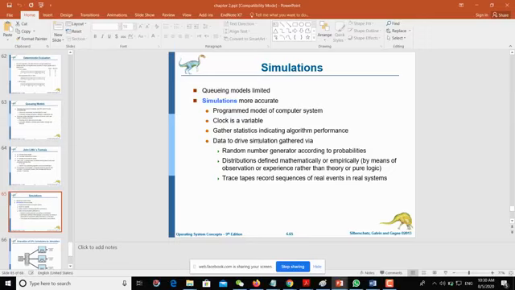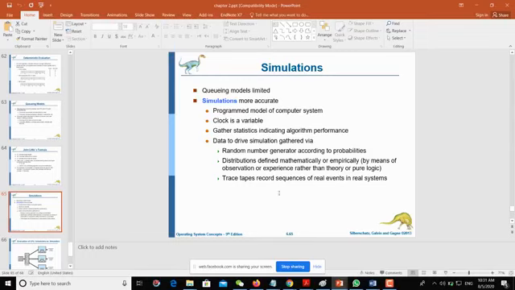Empirically means explaining something after first observing it, after first experiencing it. You may also present the distributions using mathematical notations.